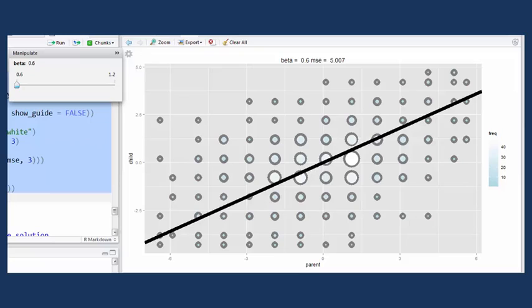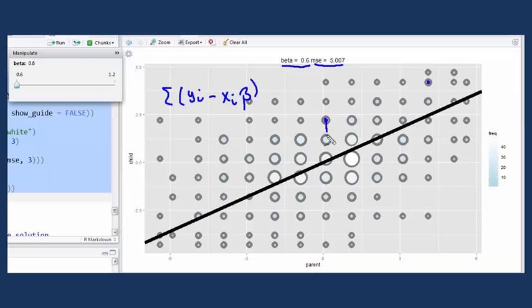I also want to point out that up here I give the slope beta equal 0.6 and the mean squared error, where the mean squared error is again the sum of the y data points subtracting off the x data point, the parent's height, multiplied times this factor, 0.6. So it's taking each one of these points. Let's take one that's more centered.